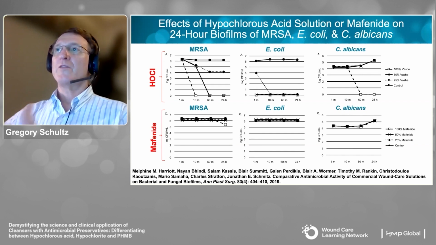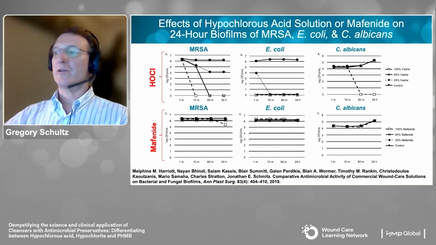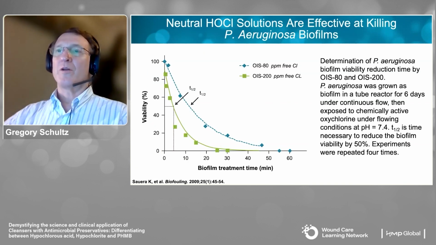So this shows the ability of hypochlorous acid across all of the major types of bacterial species within wounds to be an effective microbicide. The previous slide was done on planktonic bacteria.